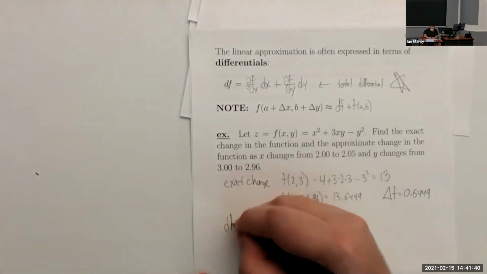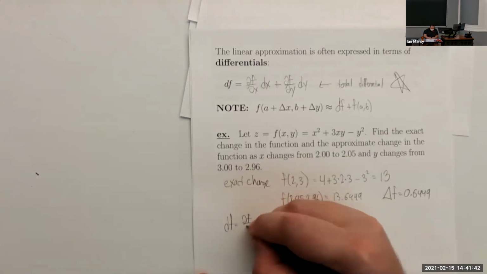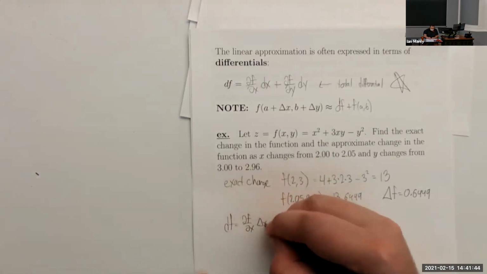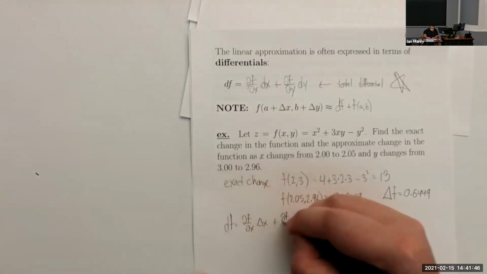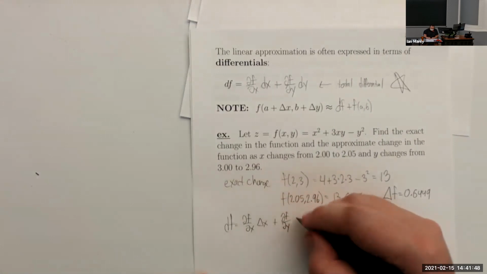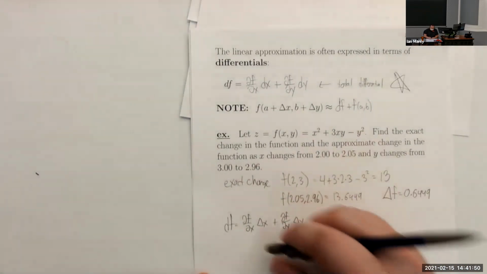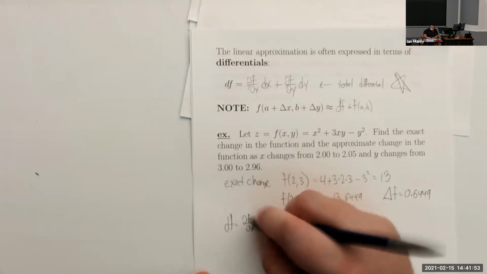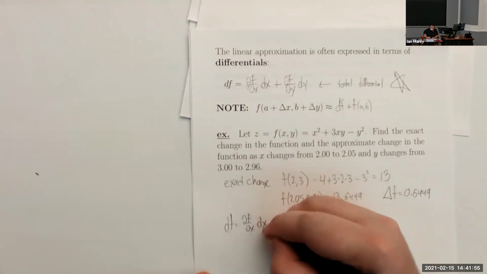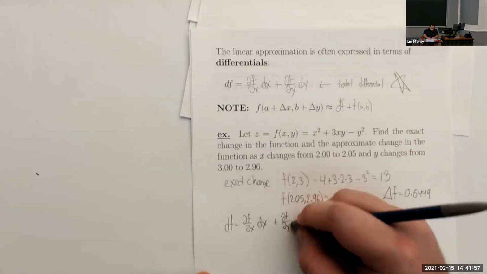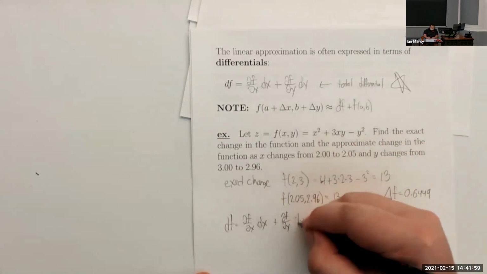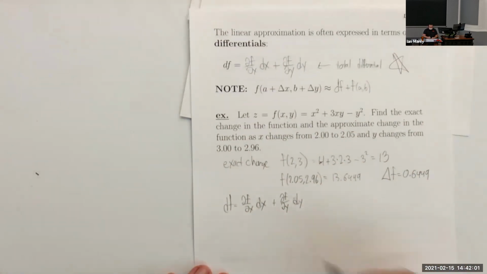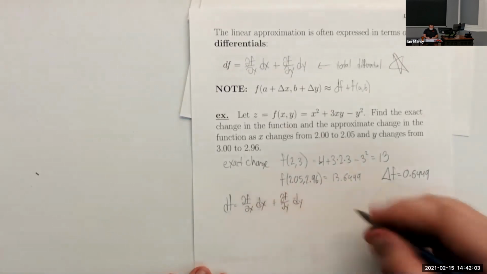Okay, now let's see how close the differential gives us to having a change of 0.6449. Remember df is partial f partial x times our change in x, and then we have partial f partial y times our change in y. I'll write d's for this to be consistent, dx dy, which should be consistent with the differential notation. Let's do our partial derivative of f with respect to x.